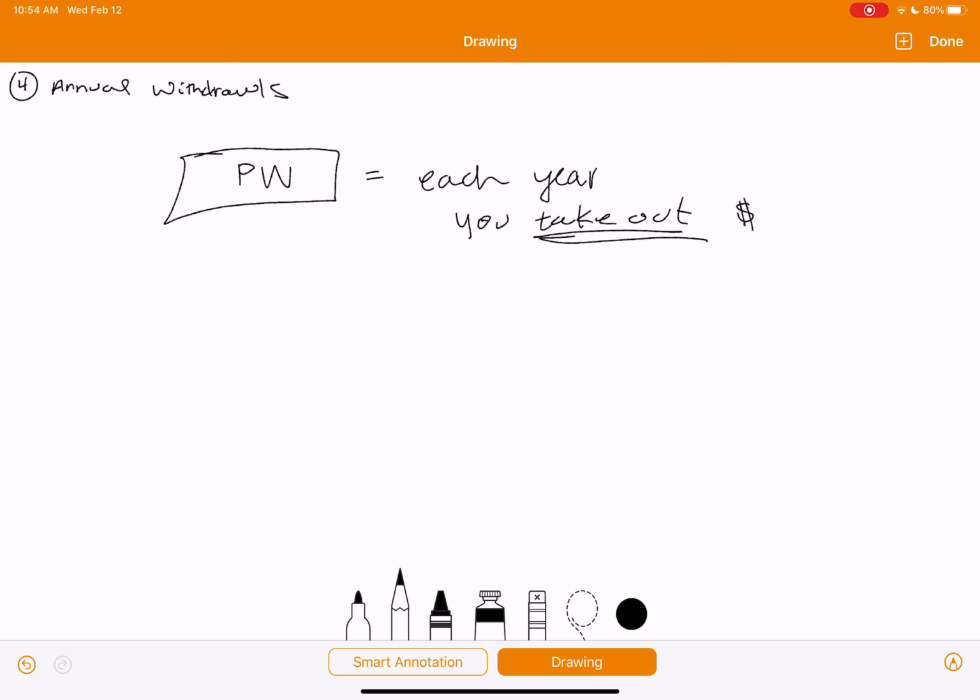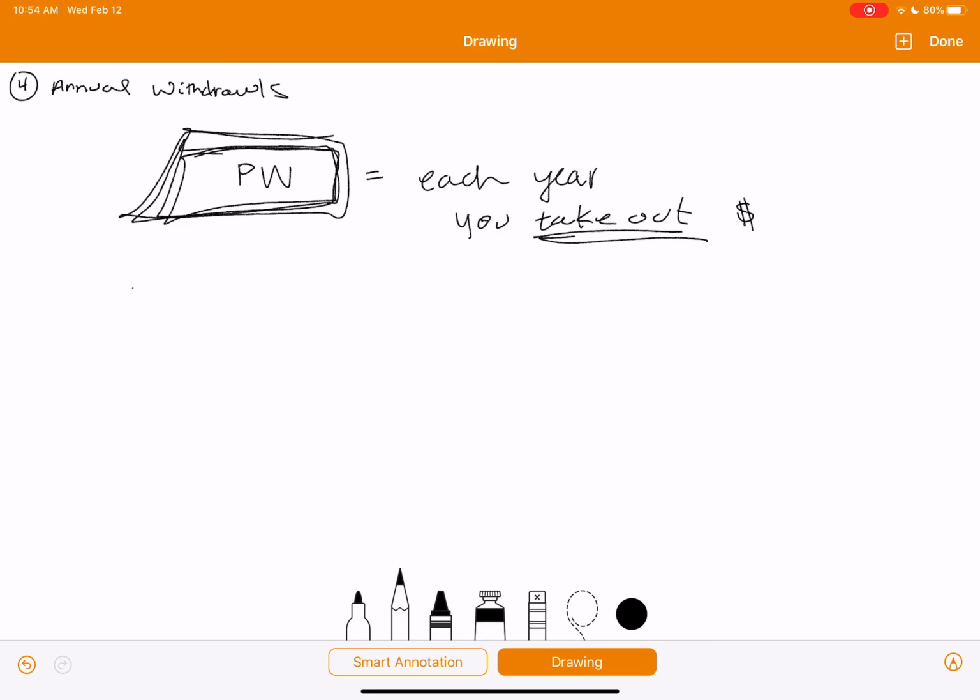All right. So every year you're taking money out of your account, and that's going to be the same amount every year. Okay. And so you can use this to figure out how much money needs to be in an account and then how long it'll last. All right.